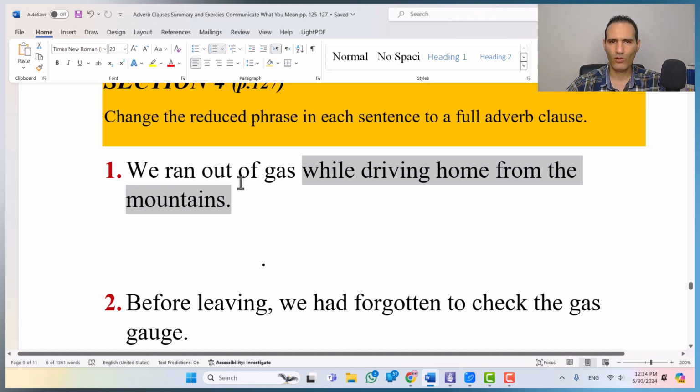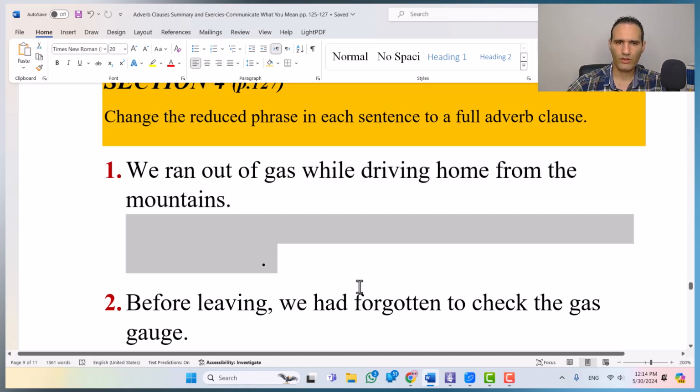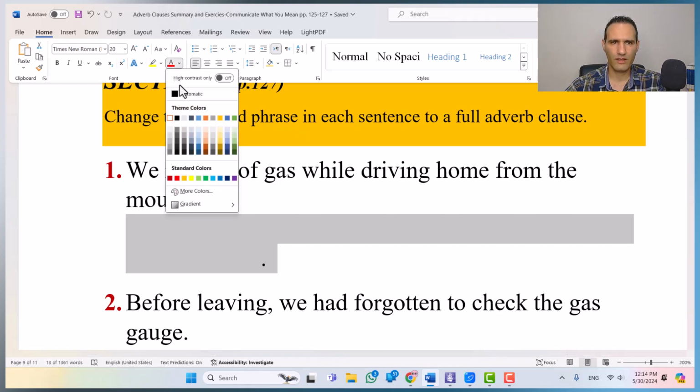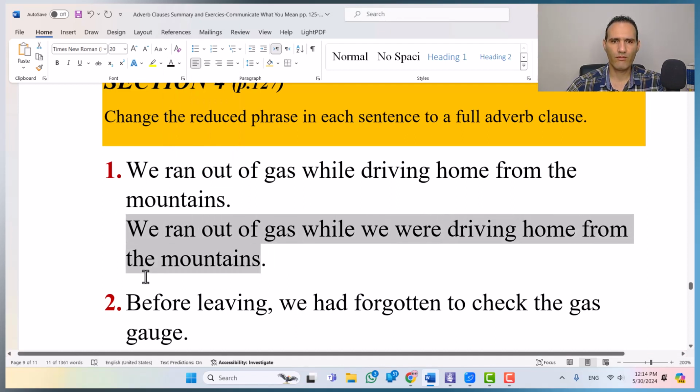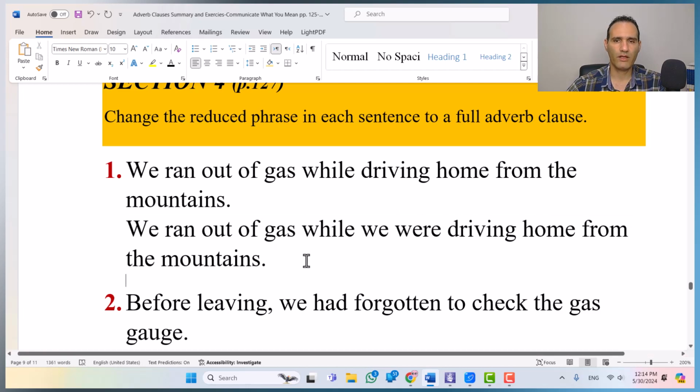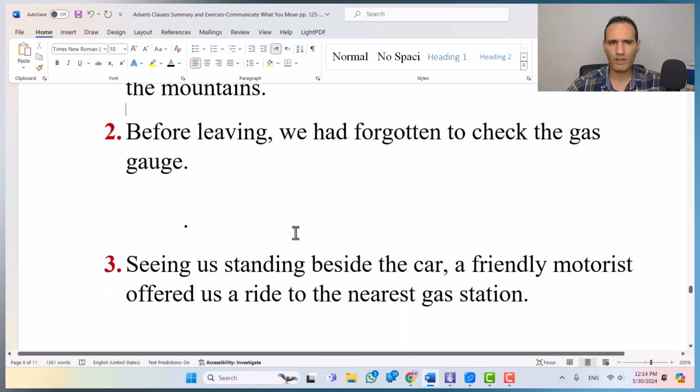It is a we. While we, and the past tense, we drove or we were driving home. So it will be we ran out of gas while we were driving home. Let's see the answer. Yeah, we ran out of gas while we were driving home from the mountains. Not a good idea, but it happened.